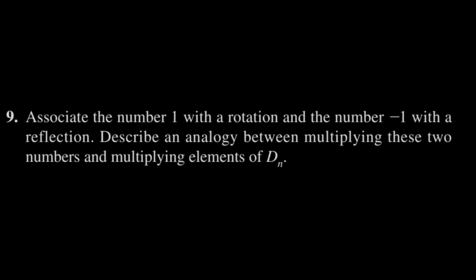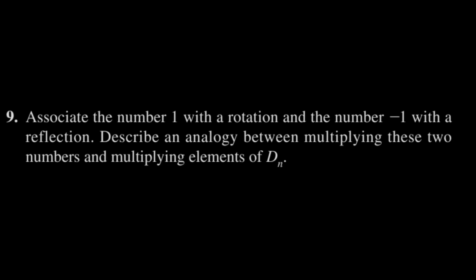Now this nicely ties into the next question, which asks us to associate the number 1 with the rotation and the number -1 with the reflection, and describe the analogy between multiplying these two numbers and multiplying elements of Dn.